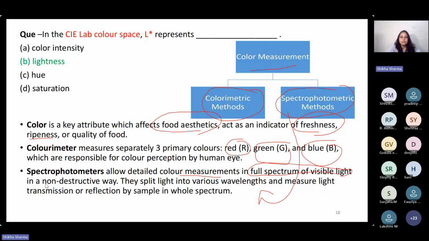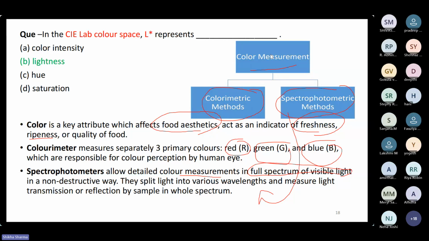So what is the spectrum of wavelength of visible light? Anyone would like to tell? Shiv Sami is saying 400 to 700 nanometer, which is true also. In the spectrophotometer, the sample is put in, and the light will come with the 400 to 700 nanometer wavelength.